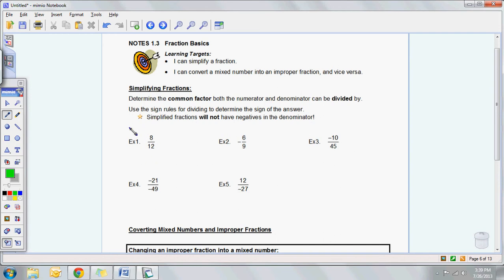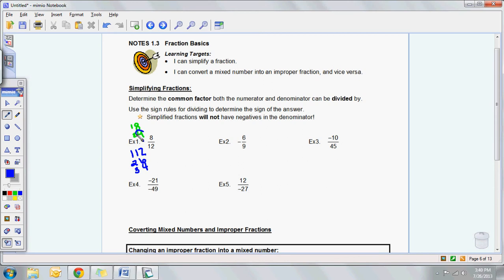My factors of 8: I can do 1 times 8, 2 times 4, and that's pretty much it. My factors of 12 are going to be 1 and 12, 2 times 6, and 3 times 4. So I'm going to look and see what is the greatest factor I can divide both by.